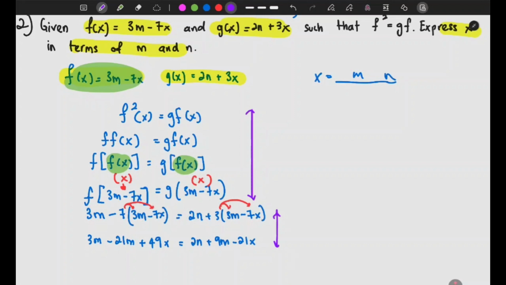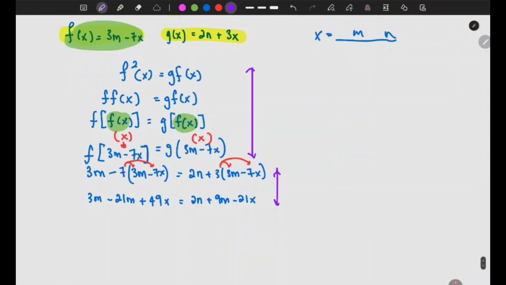So the minus 21, bring it to this side and the rest shift to the other side. Minus comes here as plus, and 2n plus 9m I copy back. And this entire thing I shift to this side. So positive 3m brought here becomes minus 3m. Negative 21m brought here becomes positive 21m.